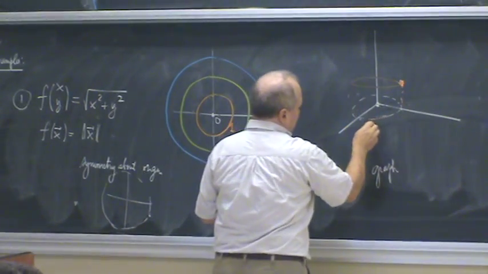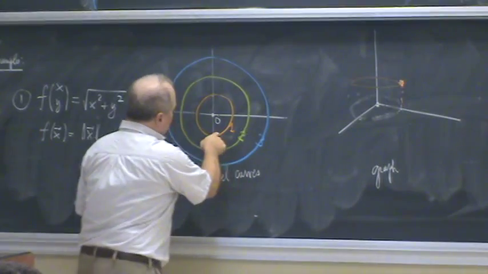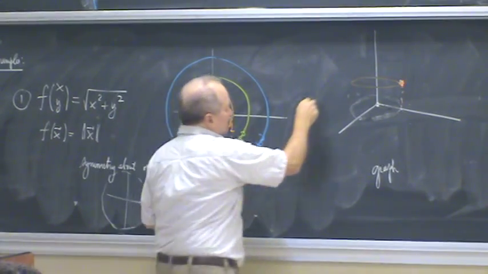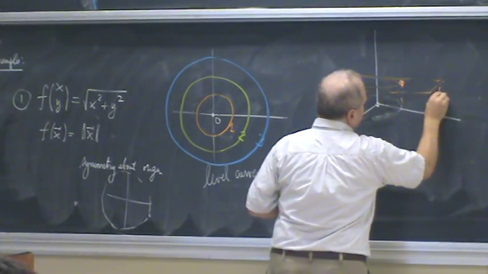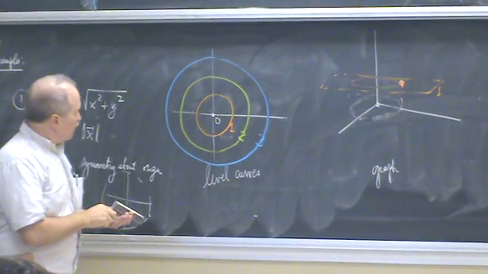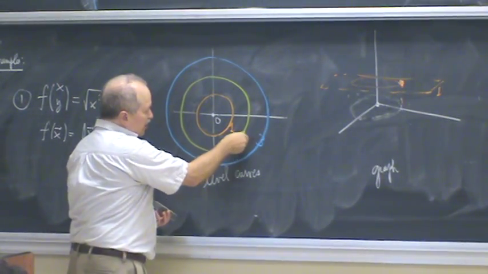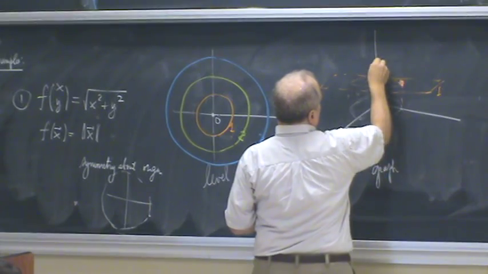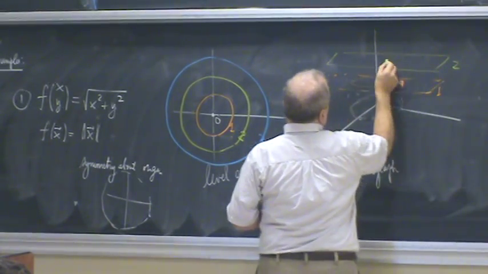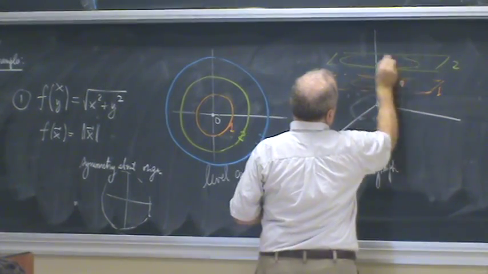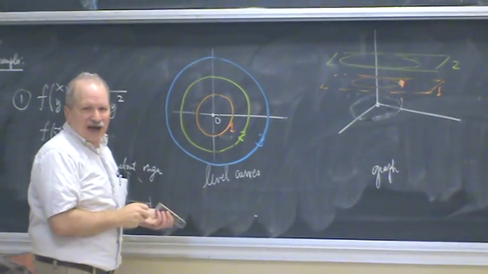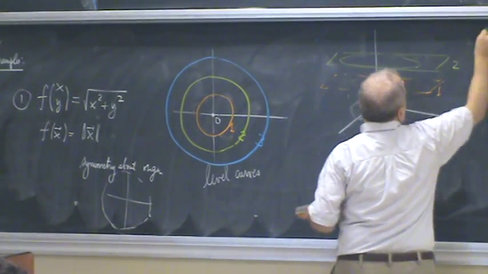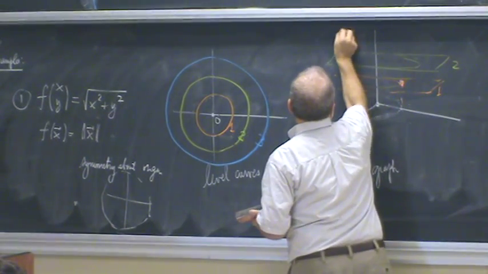So what I'm doing here is lifting this level curve up to the height that it lives at, namely 1. Then I'm lifting this level curve to its height, which is 2. And I'm lifting the blue level curve to its height, which is 3. And that's a very big level curve.